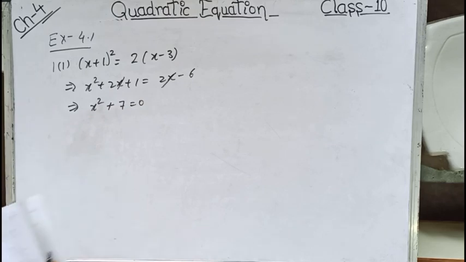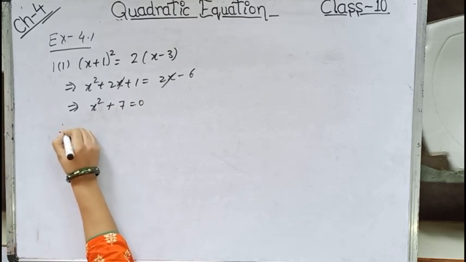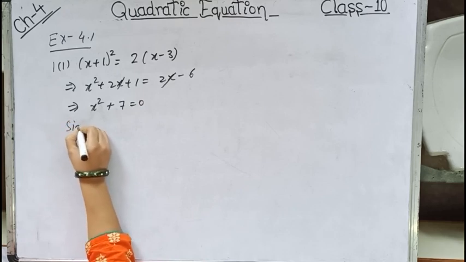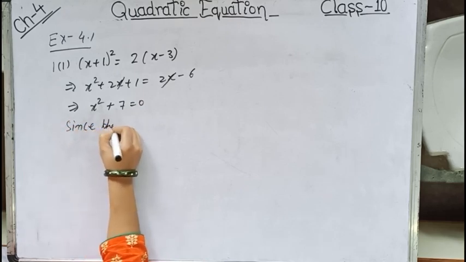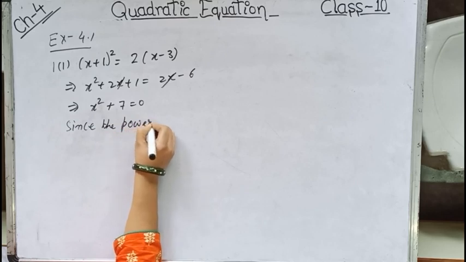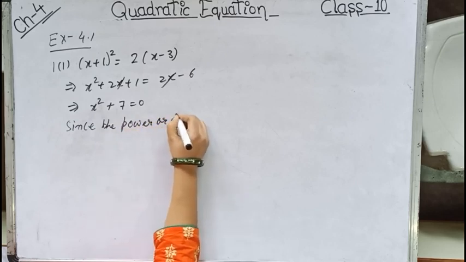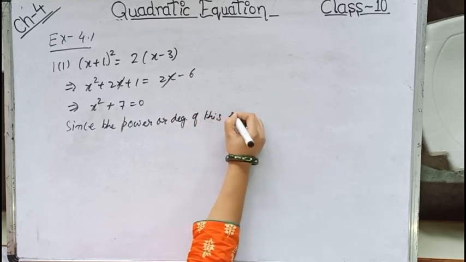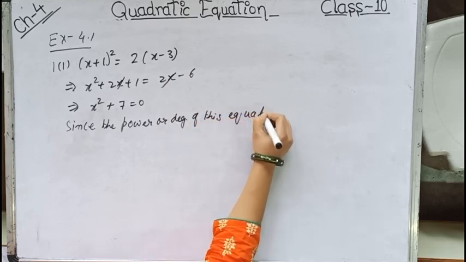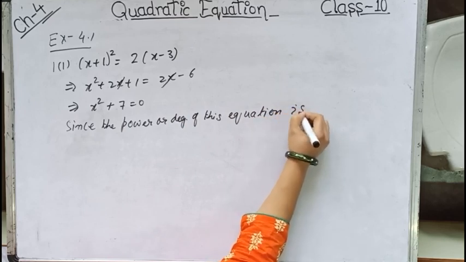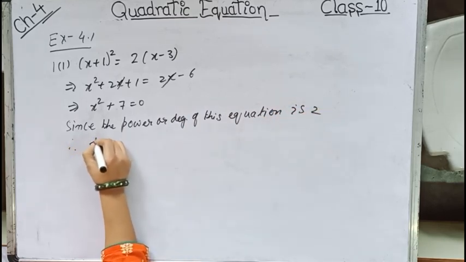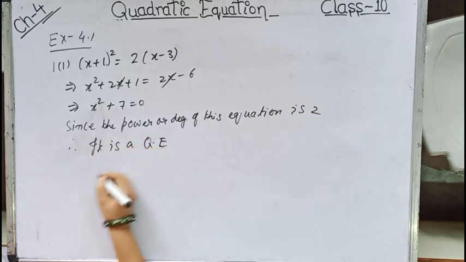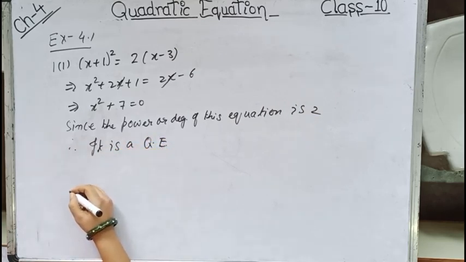Obviously the power of the variable over here is 2, therefore since the power or degree of this equation is 2, therefore it is a quadratic equation. Let me solve one more.